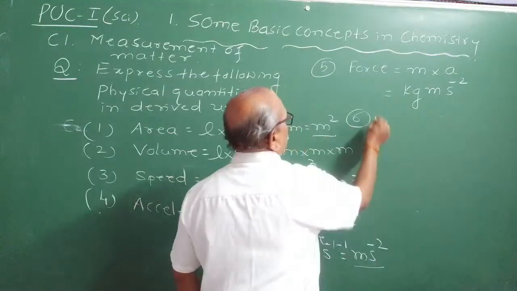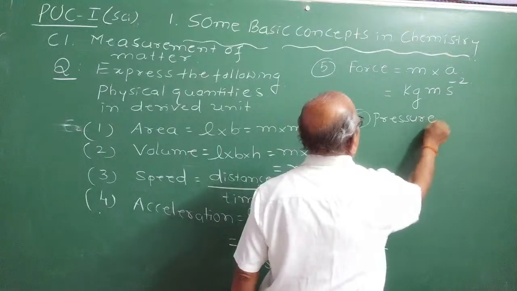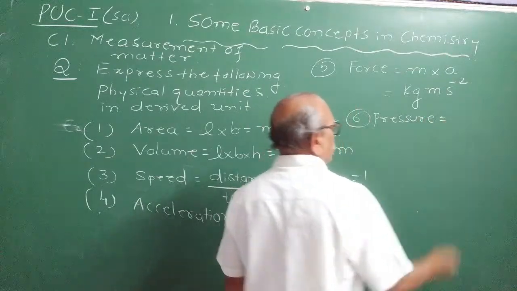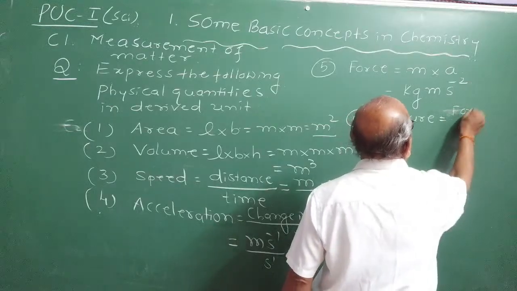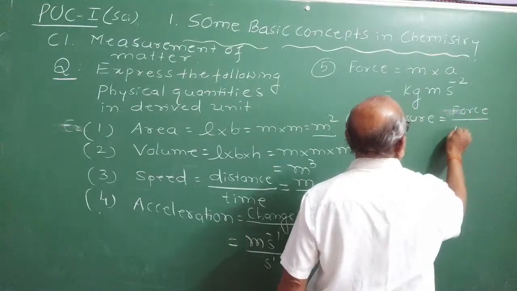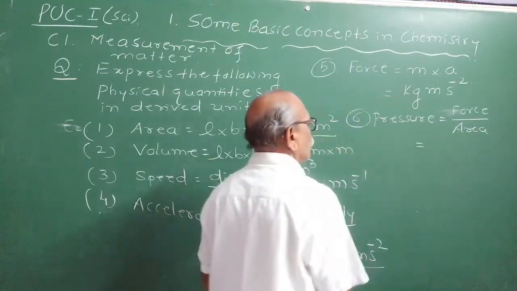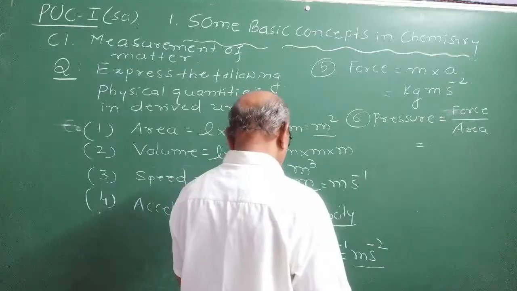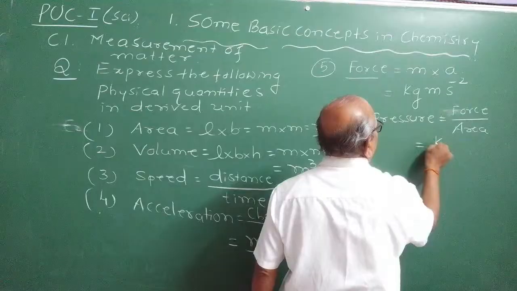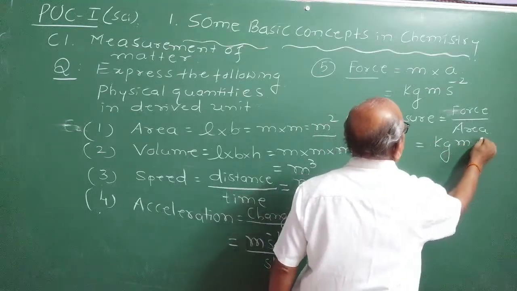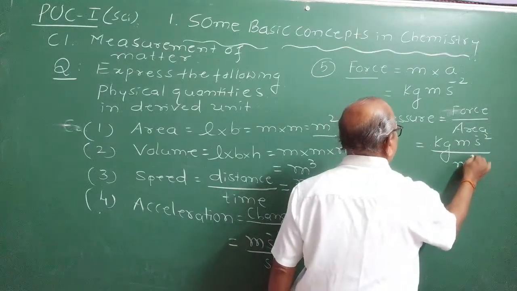Take pressure. What is pressure? You must know the definition of it. Force per unit area. Force per unit area, so what is force? Force unit is available here: kg meter per second square divided by area, which is given by meter square.